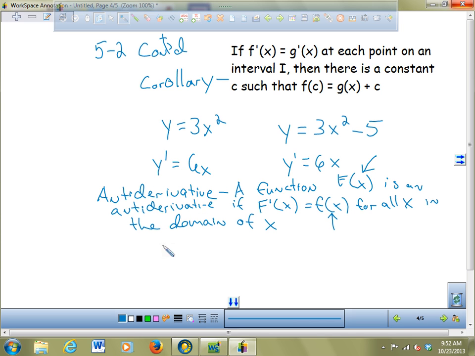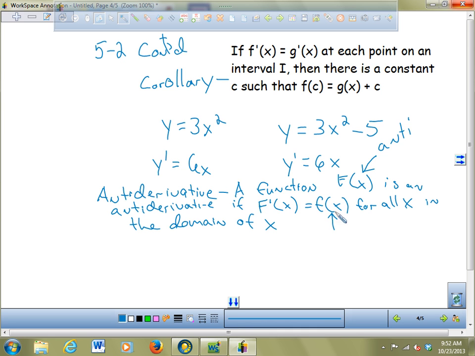So let me just give you an example. Find the antiderivative. So wait, are you not clear on that, David? I didn't know. It's really confusing. Okay, so F of x is the antiderivative. If I take the derivative of the antiderivative, I get some function f of x, right?